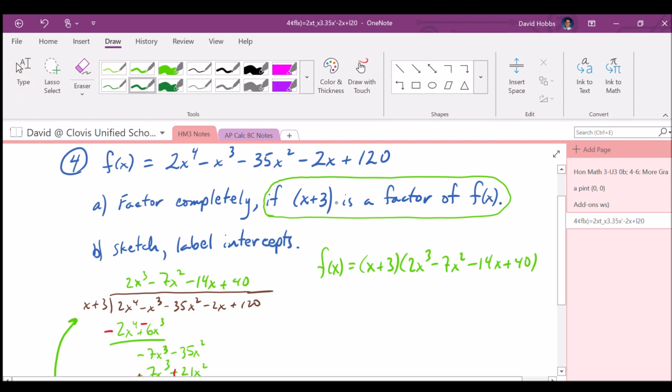So if x plus 3 is a factor, I'm going to give you one more. So sometimes they might actually give you more than one factor. And x minus 4, I think is the other, yeah, x minus 4 is also a factor.